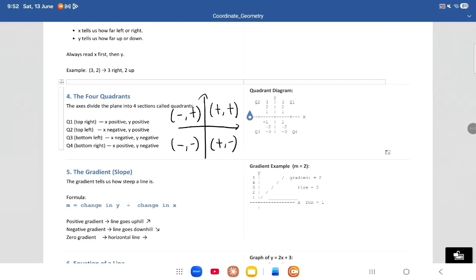There's something that I want to mention at this point. Each quadrant has its own sign pattern, a combination of signs. Let's have a look at this first quadrant. When you think about the coordinates, x and y, you can see they both are positive.